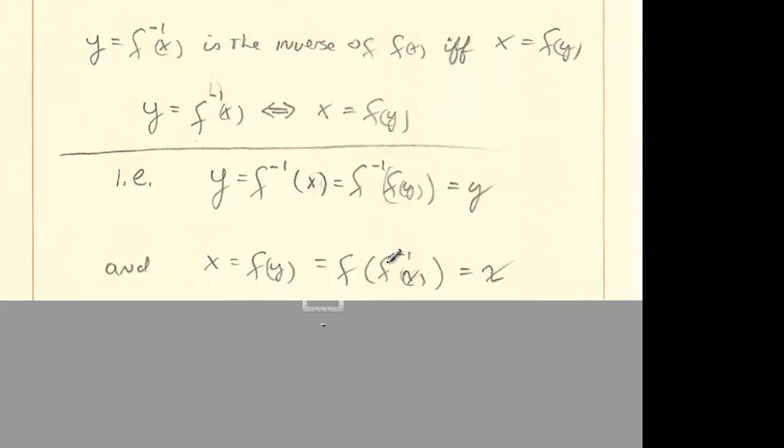And f and f inverse undo one another and leave you just with the argument, and that gives us x equals x. That's essentially what we mean by the inverse function, is that the inverse function undoes the forward function, and the forward function undoes the inverse function.